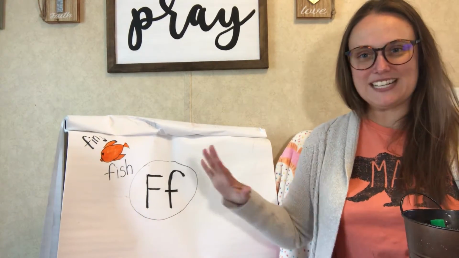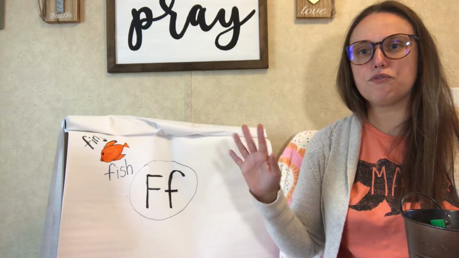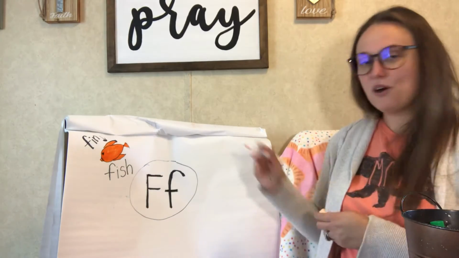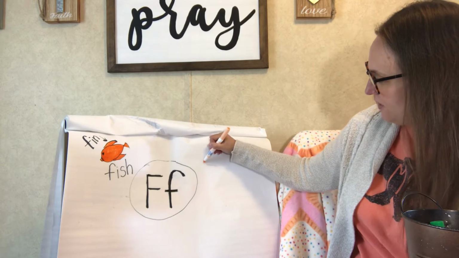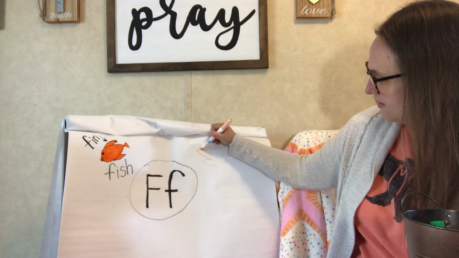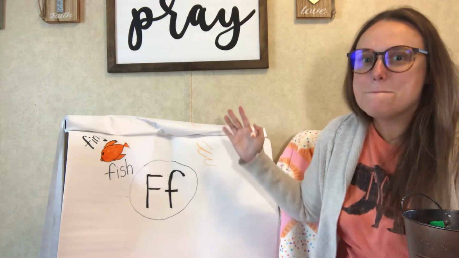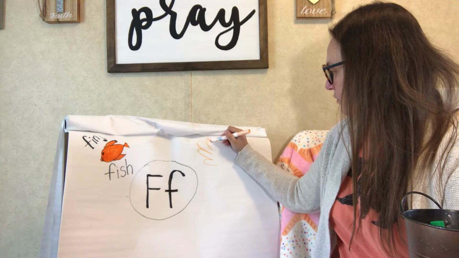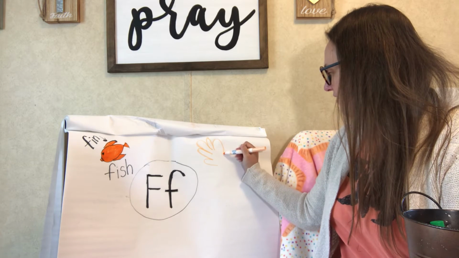Excellent, kindergarten friends. Now I'm thinking of something else that begins with F: finger. Oh, good job. So over here, I'm going to draw a hand with some fingers. How many fingers does a hand have? 5. 1, 2, 3, 4, 5.